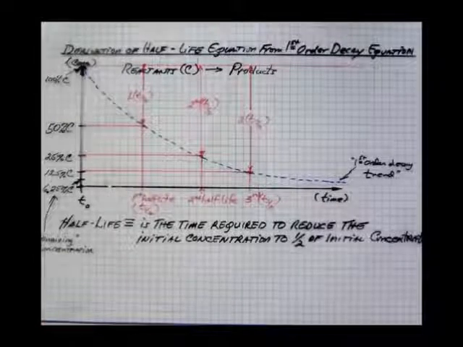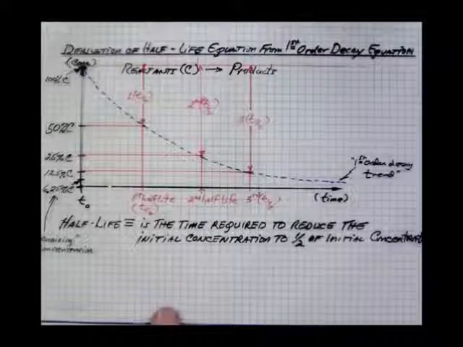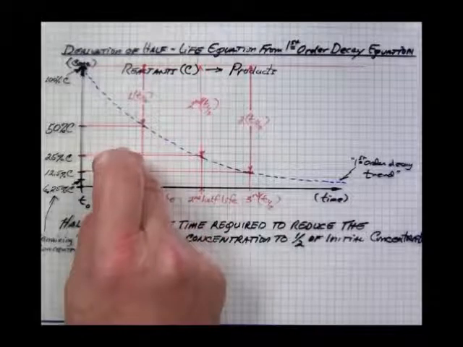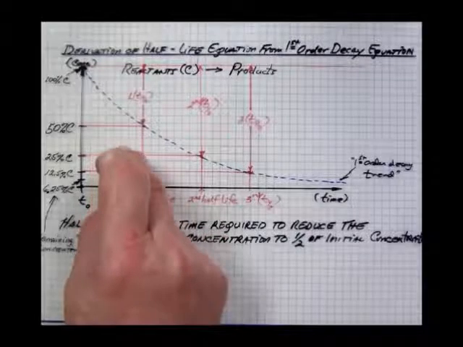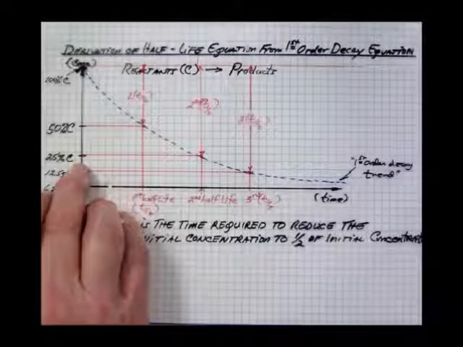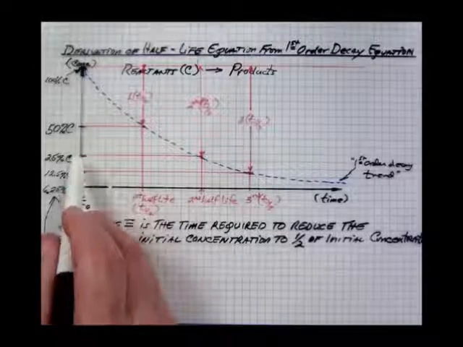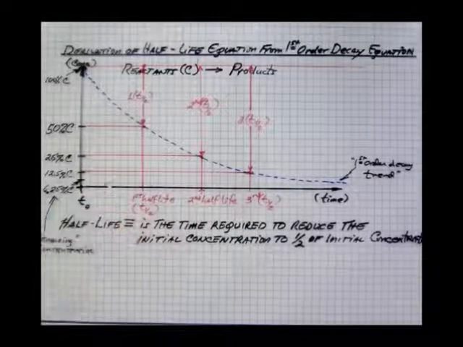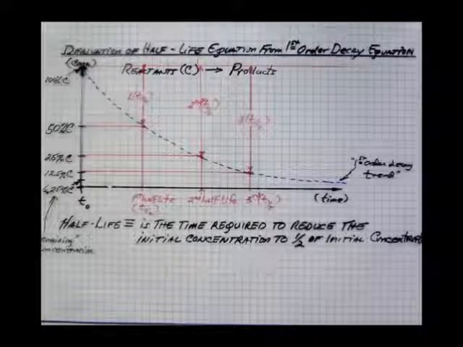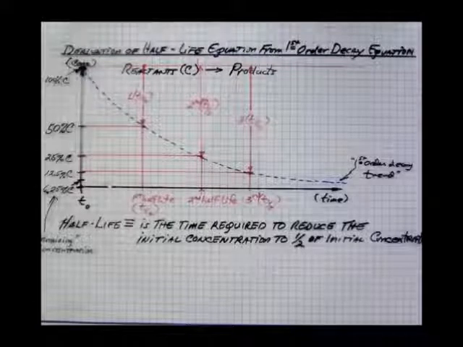Some problems will be presented in the context that 75% has decayed. What is the concentration after 75% has decayed? Well, when you use the decay equation for the C final position, you don't put in 75%.